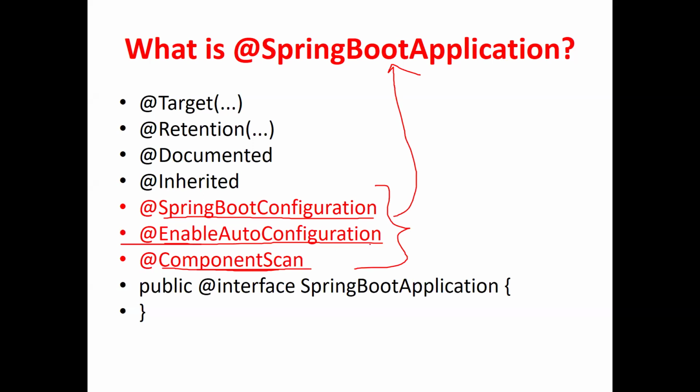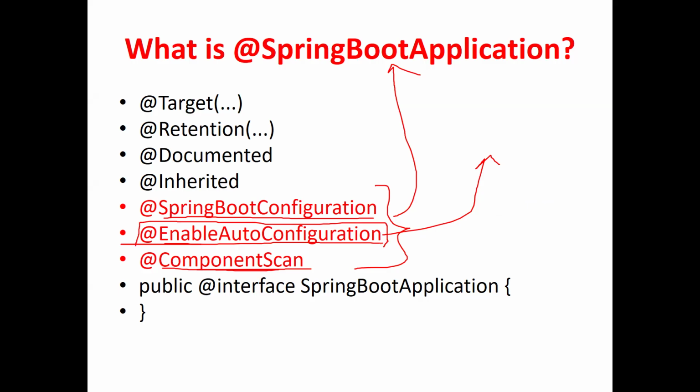Now, because of this annotation, when you add the web starter, it is deployed into a Tomcat; if you are adding data JPA, it is trying to communicate to the database. How is it happening? This is all about your auto configuration feature. Using this annotation, @EnableAutoConfiguration, it is activated. It will scan your class path.